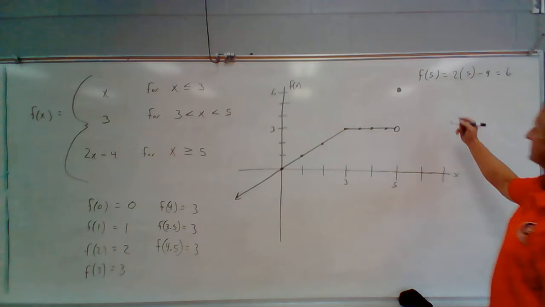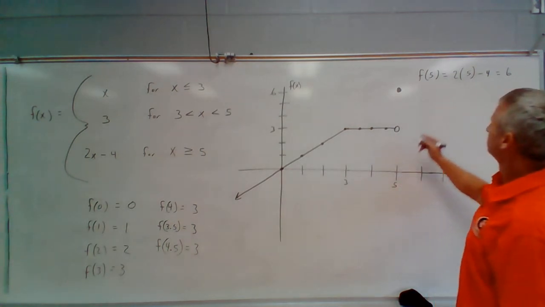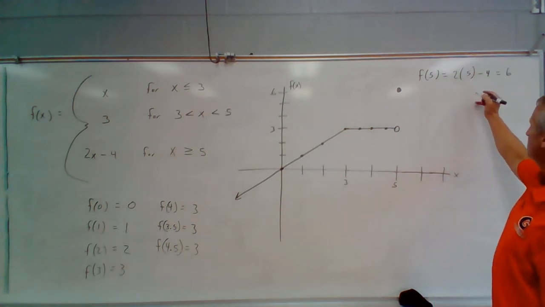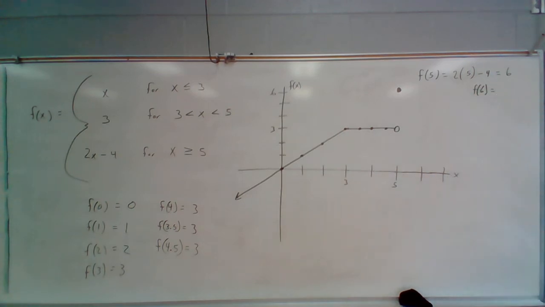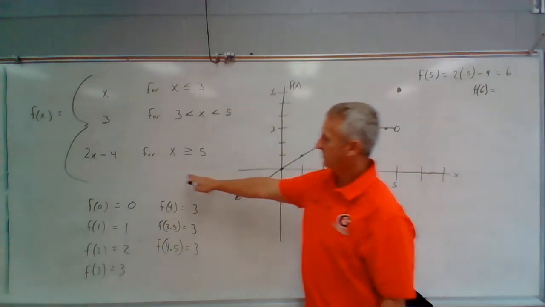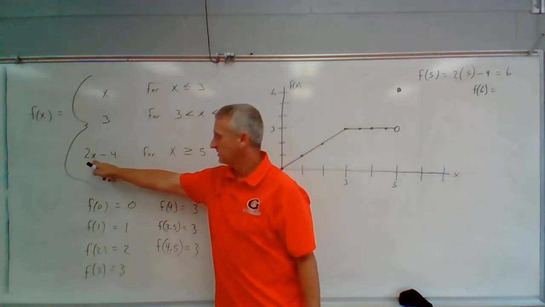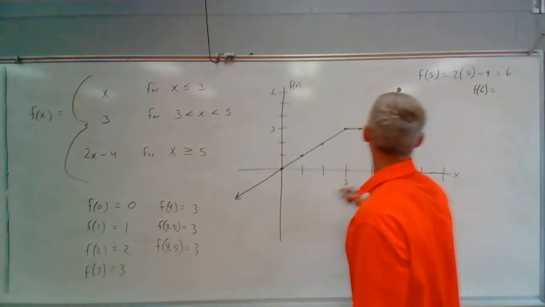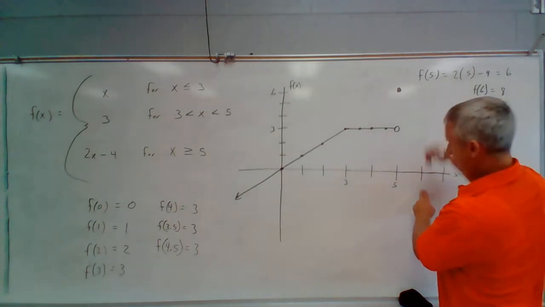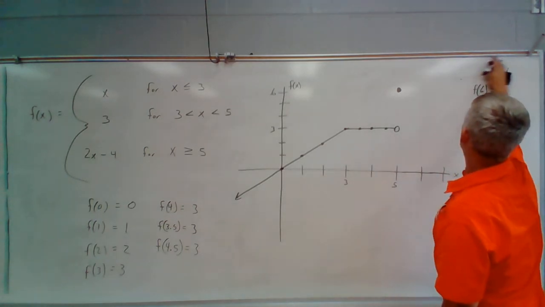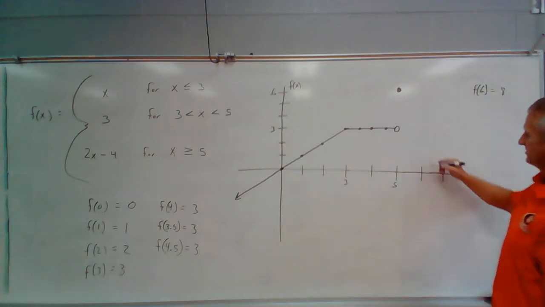Let's plug in 6. If I do f of 6 here, 6 is bigger than 5, so I've got to use this equation. 2 times 6 is 12. 12 minus 4 is 8. And so that would be on up here somewhere.